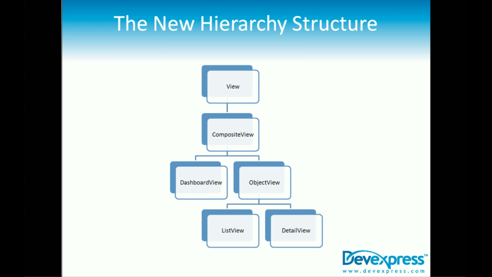So that's it in simple terms. XAF is quite complex actually. Under the hood we have two things which make that a little bit more complex. On the controller side of things, we actually have 34 controllers, which takes a bit of time to get your head around.